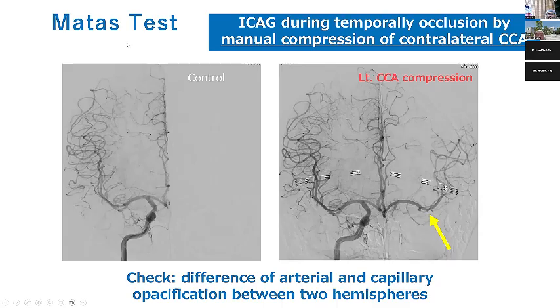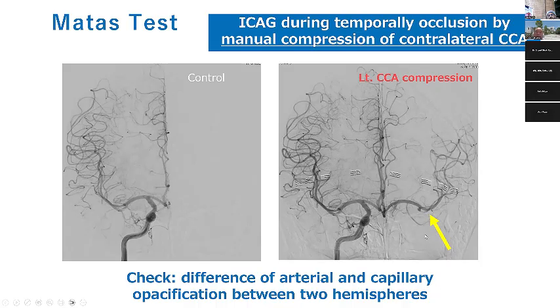The Matas test means internal carotid angiography during temporary occlusion by manual compression of the contralateral ICA, CCA. This test tries to reveal whether the anterior communicating artery is functional or not as a collateral pathway, during flow arrest of the contralateral ICA.